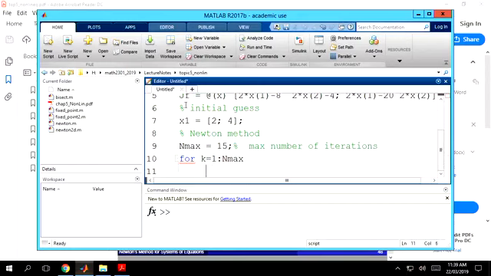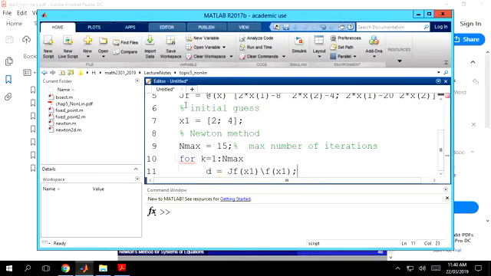See, the algorithm said that at first you have to solve the vector d, yeah, so d equals JF at x1, backslash F at x1, right? So this is exactly the formula.